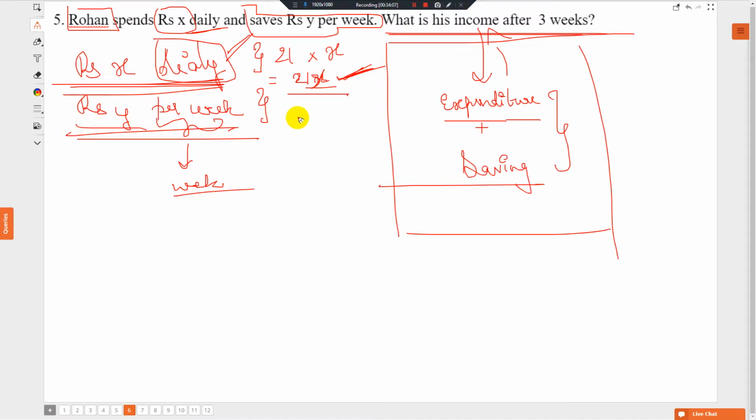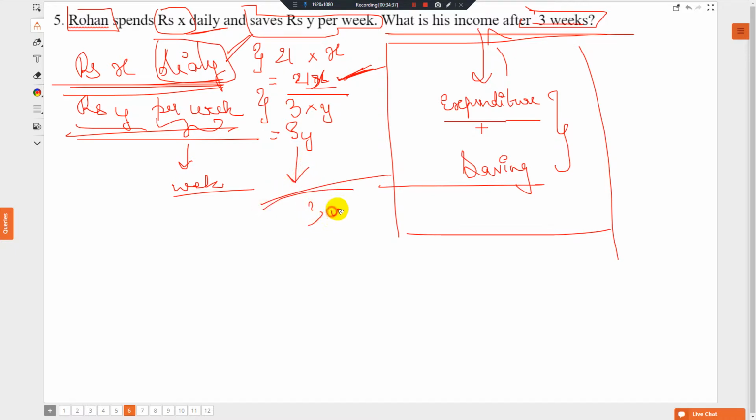So in 1 week he saves rupees Y, and for 3 weeks we multiply 3 into Y, we get 3y. This much he saves in 3 weeks.